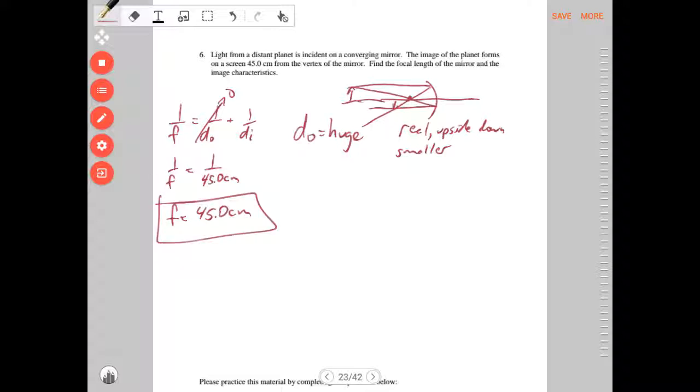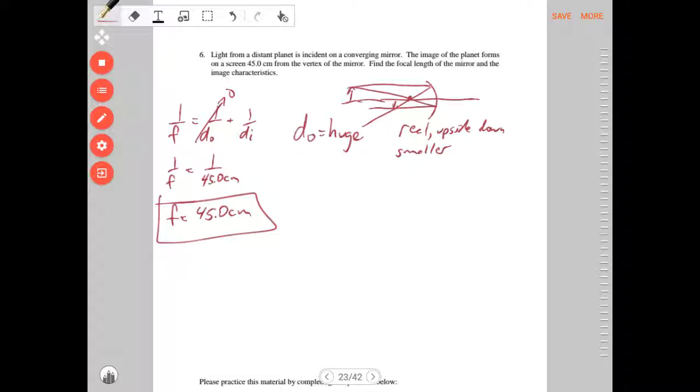The image forms at the focal length, and that works for all things that are crazy distant. And it doesn't have to be hugely distant for that 1 over do to equal 0. Across a 200-300 meter field, that's far enough to make that 1 over do insignificant, or just 0. So anyways, that's the idea.